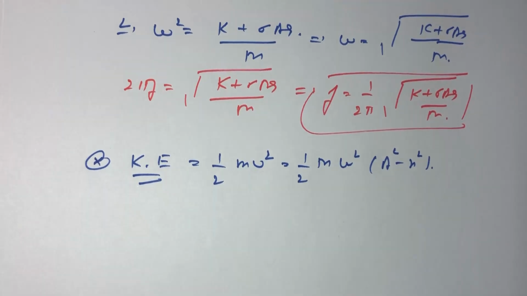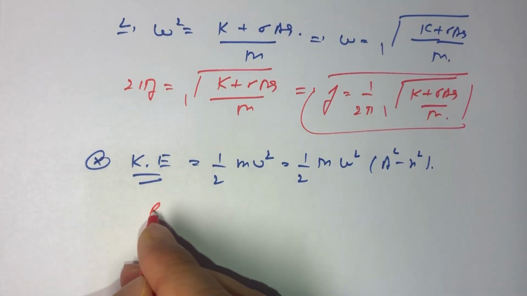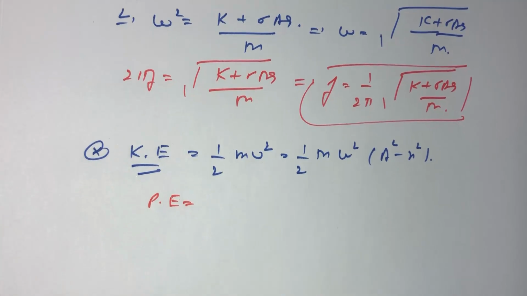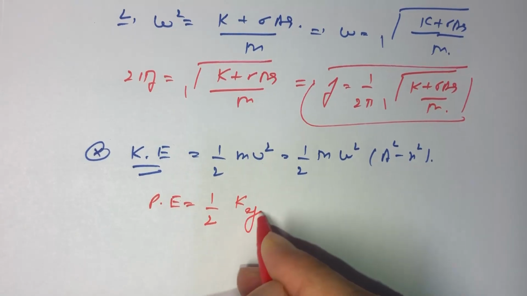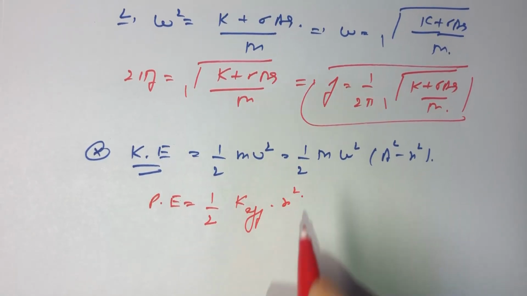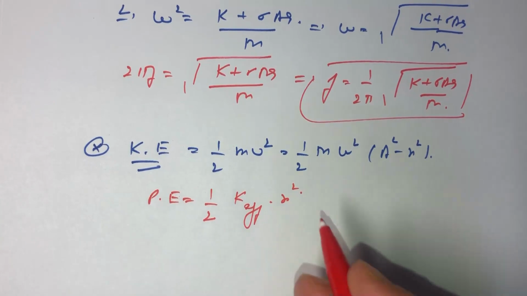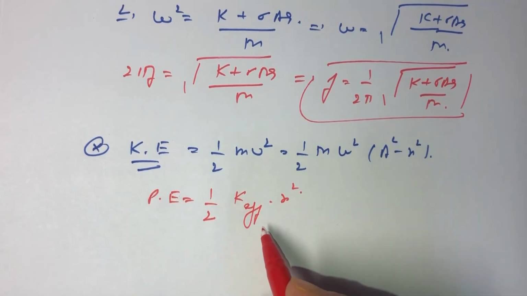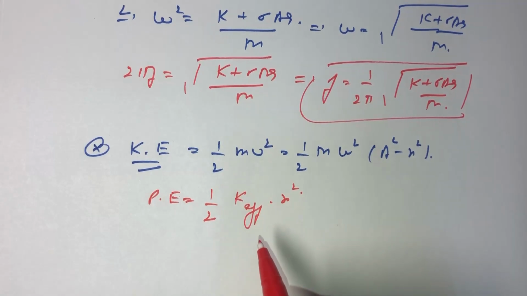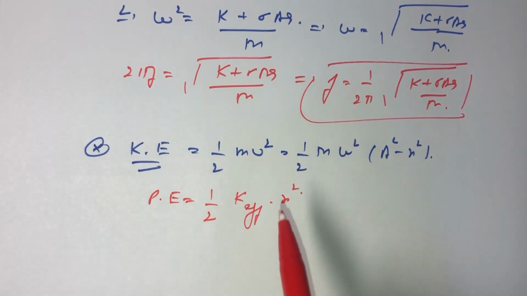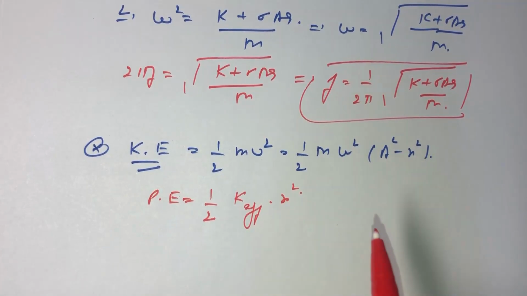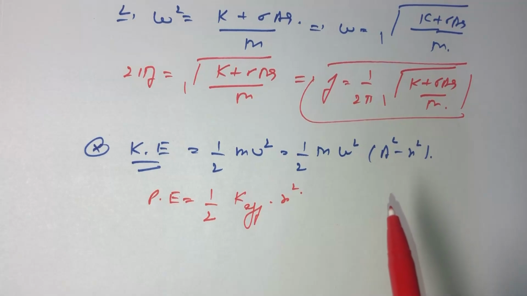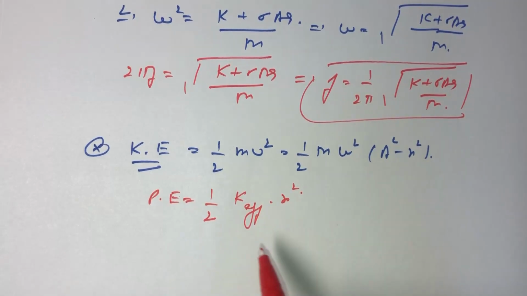And potential energy will be equal to half k effective times x square, where k effective is the effective spring constant, because just now we concluded that the restoring force will be a combination of the buoyant force as well as the spring.